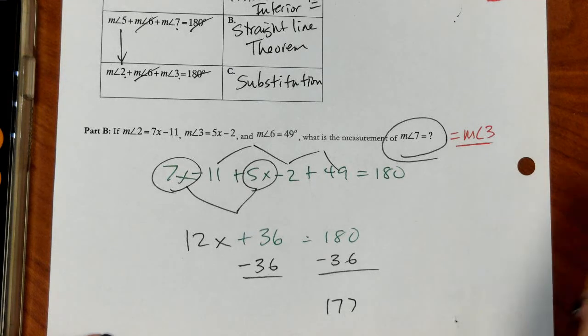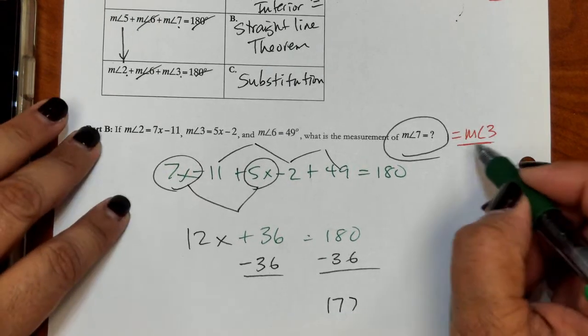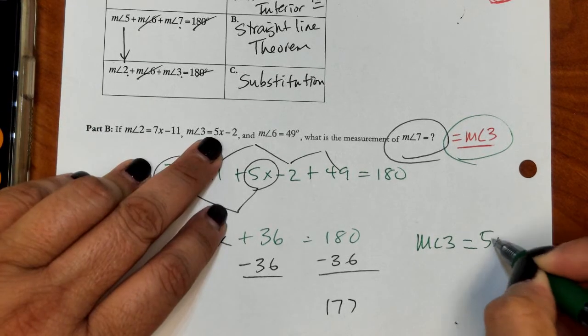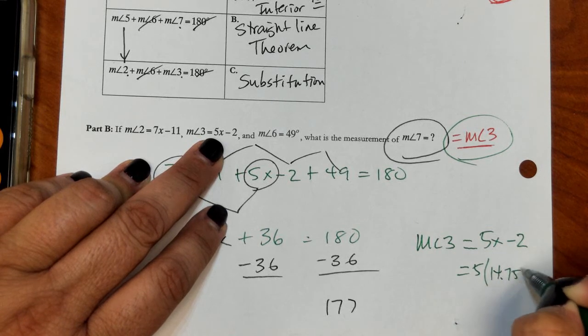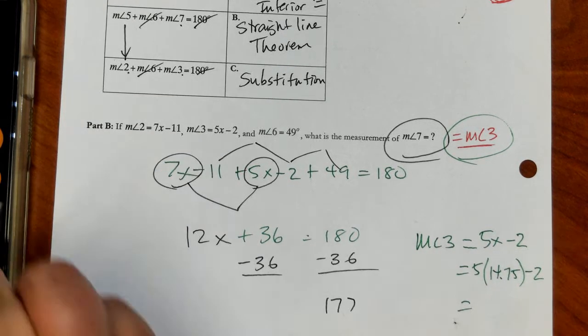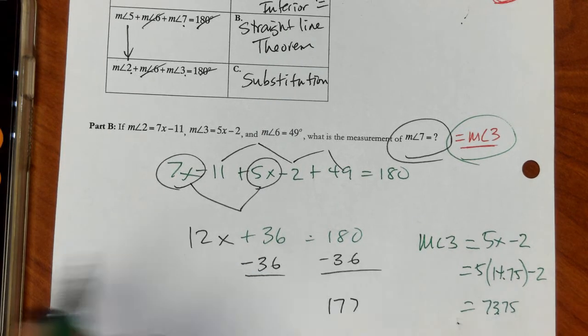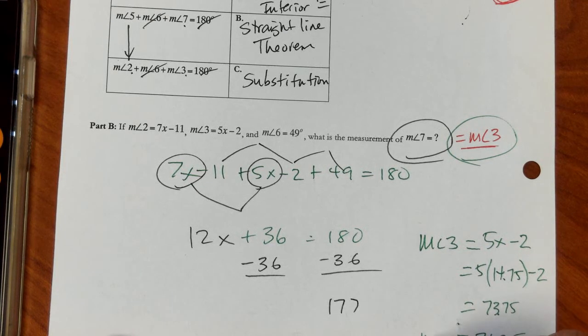Once you get that value, go ahead and plug it into angle 3. The measure of angle 3 is equal to 5x minus 2. So 5 times 12 is 60, subtract 2 gives you 58 as the measure of angle 3.